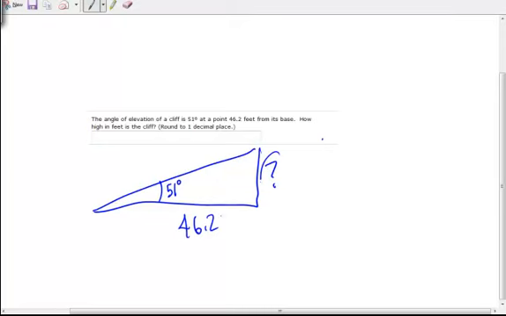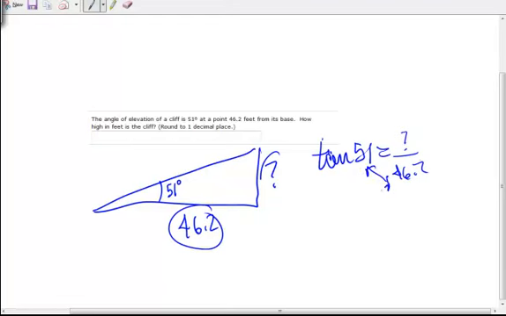Well, if you notice, this is opposite and adjacent, so tangent 51 is opposite, what we're looking for, divided by 46.2. To get that remaining side, you'd multiply both sides by 46.2, so you have tangent 51 times 46.2.